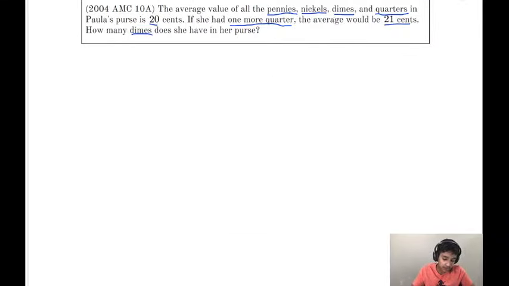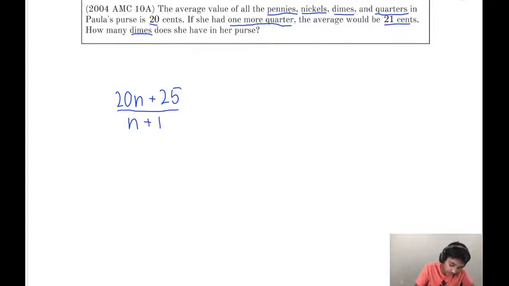So again, resuming, we have n coins with an average value of 20 cents. And then we have 1 more quarter, and now the average is 21 cents. And that's the average of n plus 1 coins.